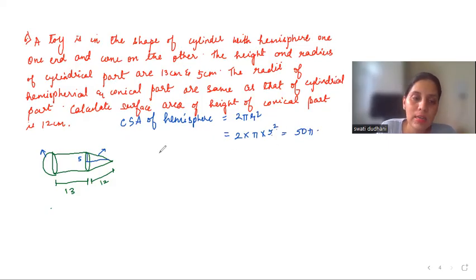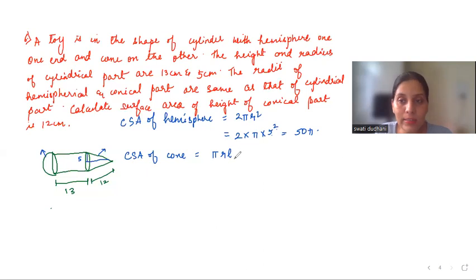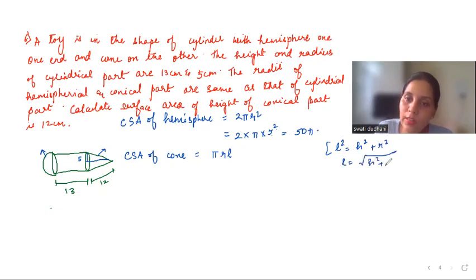Okay. Now next, the cone: the curved surface area of the cone. What is the curved surface area of a cone? Pi r L. So the radius is known, but the slant height is not known. How do we get the slant height? Since we know that L squared is equal to h squared plus r squared, L is equal to root over h squared plus r squared. The height of the cone is given as 12, so 12 squared plus the radius 5 squared.